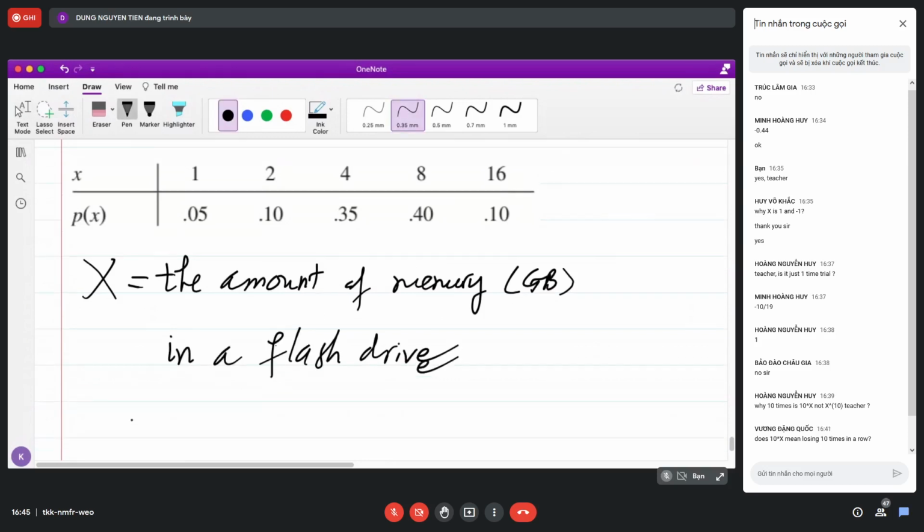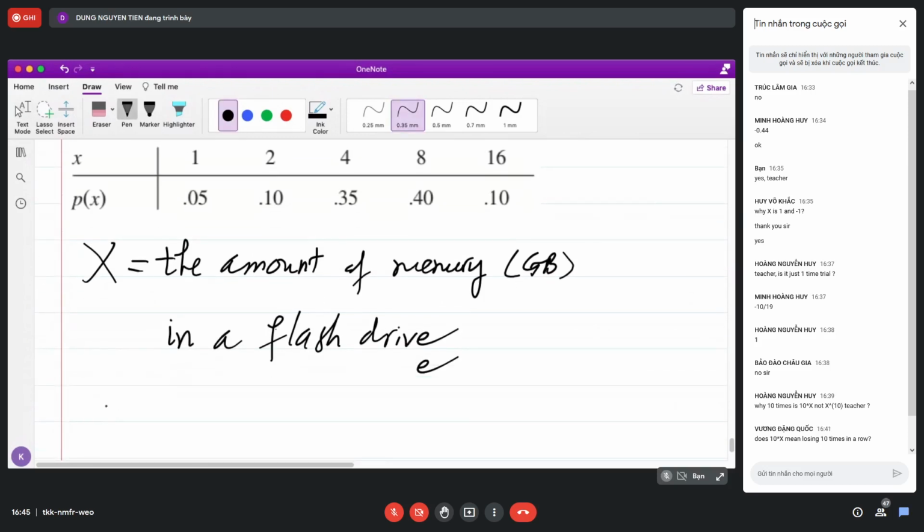Then can you find the average amount of memory?